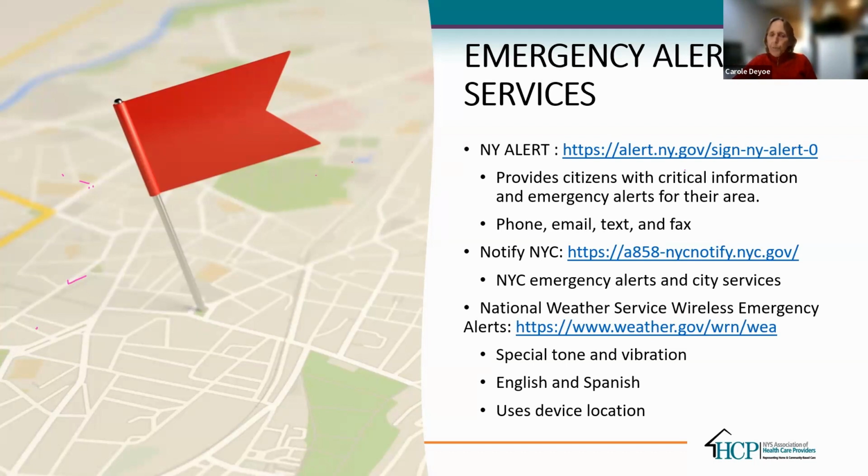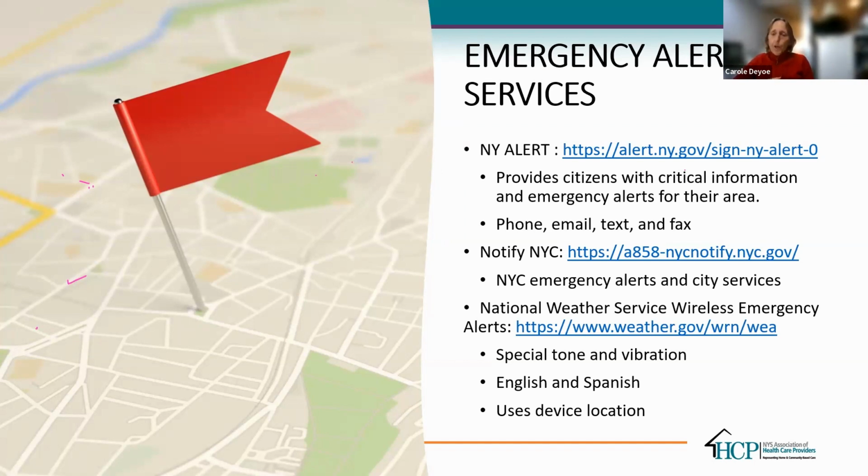There is also Notify New York City, which is New York City based, of course. It alerts you to city services. This is an app. It's not a sign up on a webpage. It's available for iPhone and for Android. You can put in up to 5 addresses or cross streets to get notifications about.